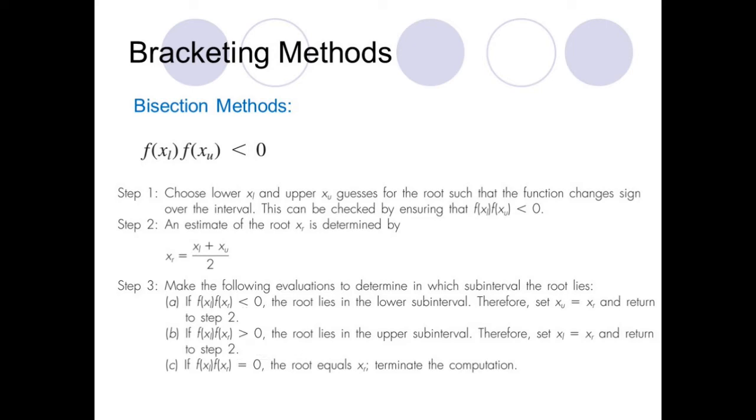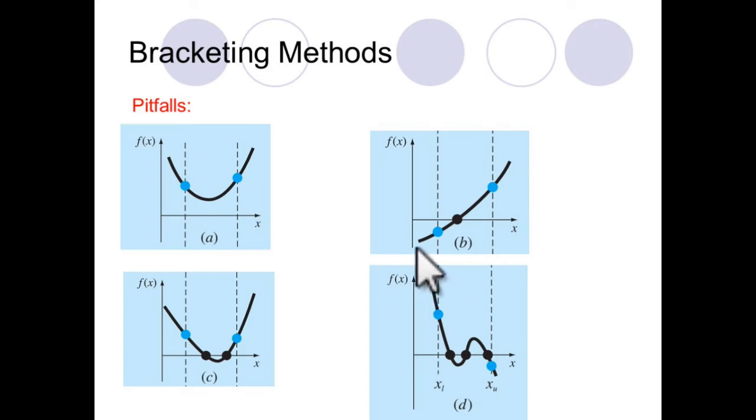Okay, so you can think like this. For example, here xl is here, xu is here, so as a result f of xl is negative and f of xu is positive, so it's negative. The multiplication of these two values will give us a negative value. As a result, this means that the function crosses the x-axis, and possibly we have a root if the function is continuous.